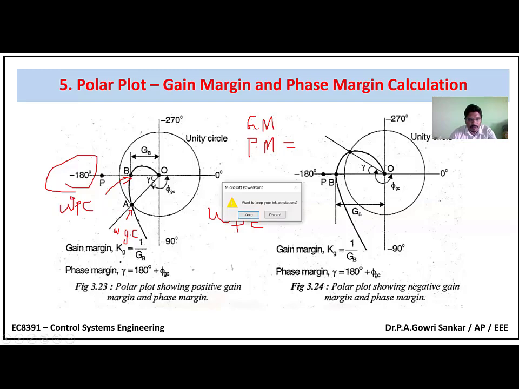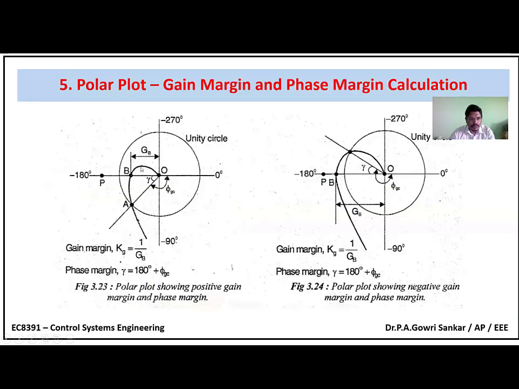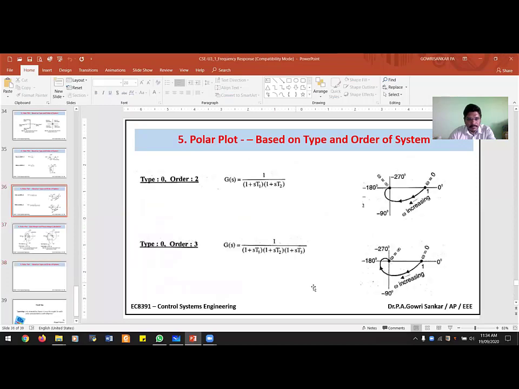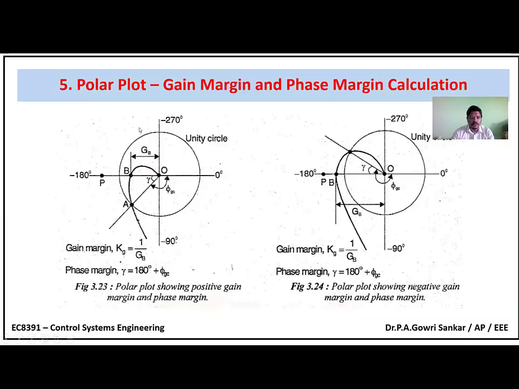So again I tell you once more: whenever your plot crosses minus 180 degrees, the frequency at that time is called omega, the phase crossover frequency. Now I am telling how to calculate gain margin and phase margin.